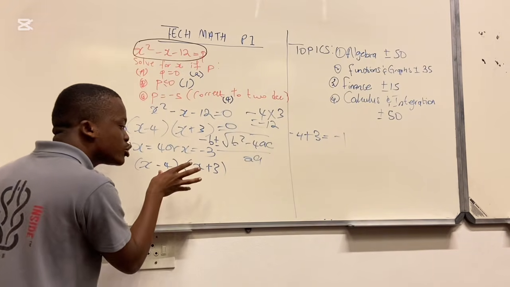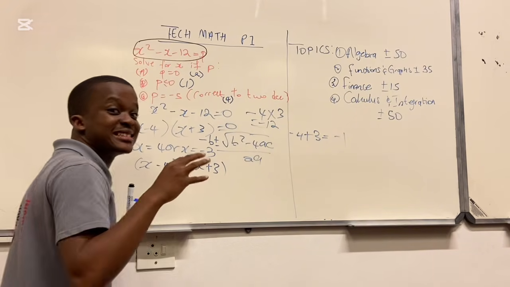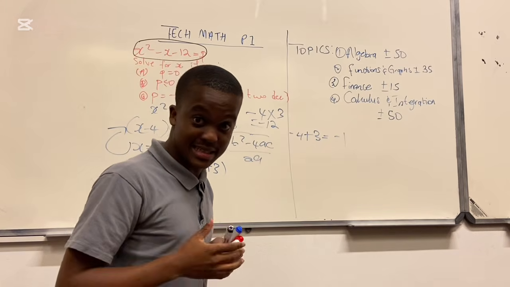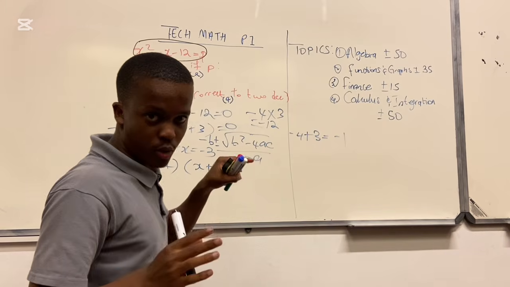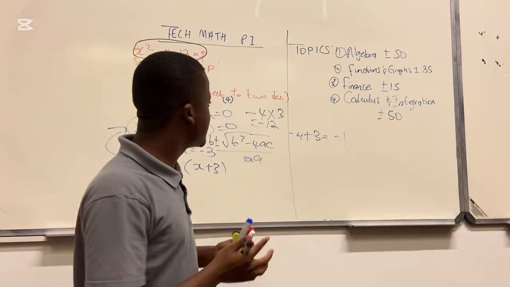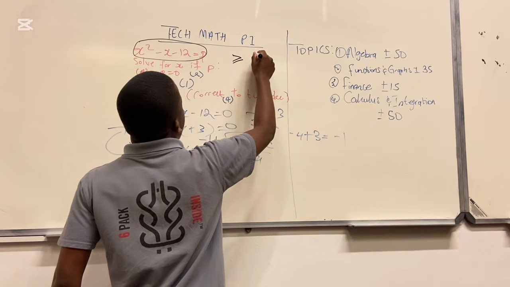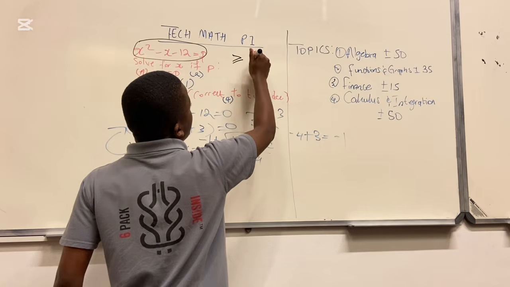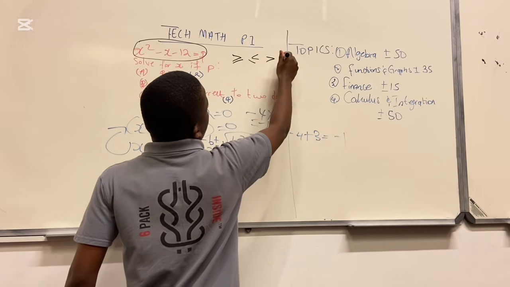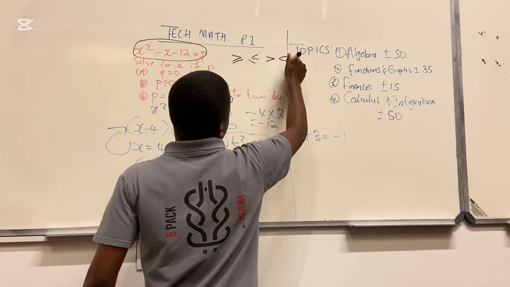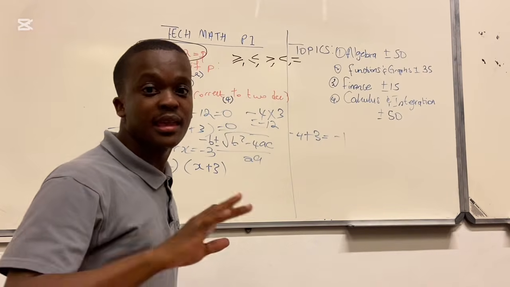That means we're still going to get the same factors. Now we're dealing with inequalities: less than or equal to, greater than or equal to. These are inequalities.